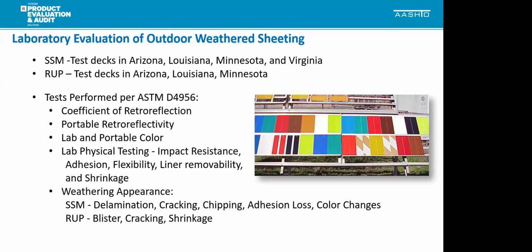And then we run color. We also run physical testing, impact, flexibility, just the various tests that are described in 4956. And then we also have the weathering appearance, any oddities that we note on the material, or if there's damage to them in any way. Do they blister, chip, shrink, peel off the back panels, which we have had.